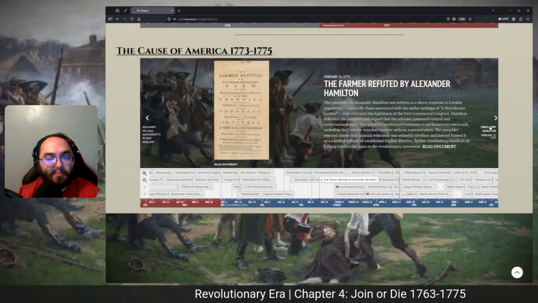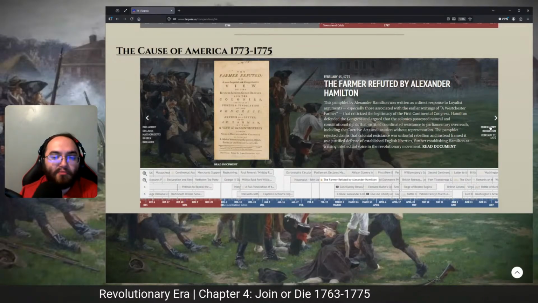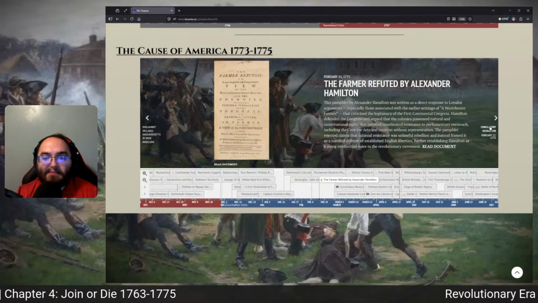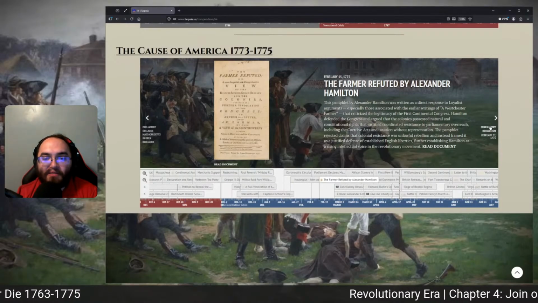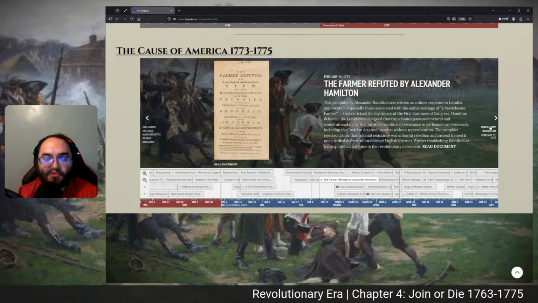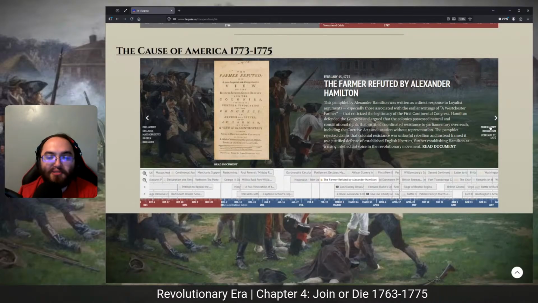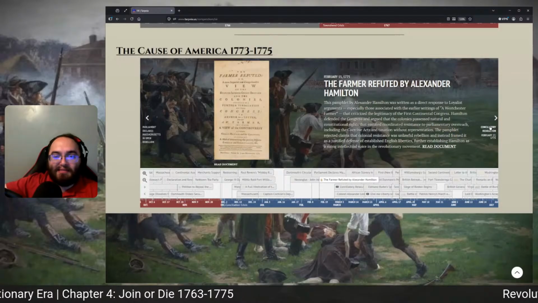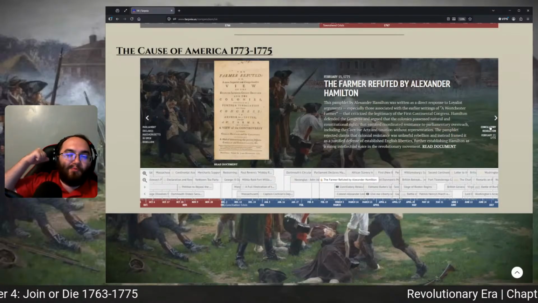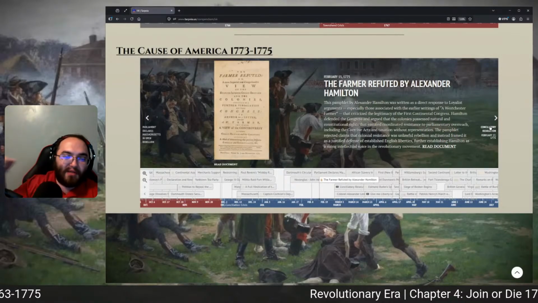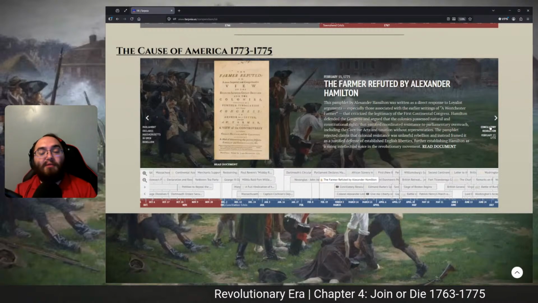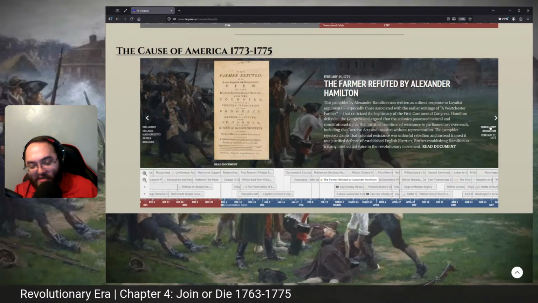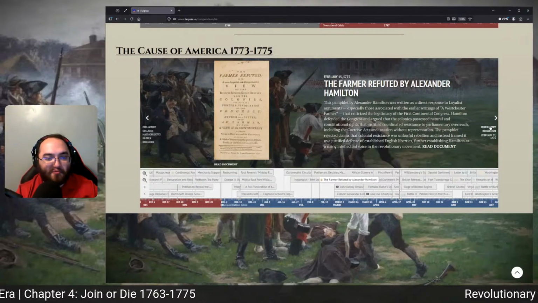The Farmer Refuted by Alexander Hamilton is yet another political essay written by Hamilton, and this is in response to loyalist essays. Hamilton, a decade later, will write the Federalist Papers, and the Federalist Papers are not an independent publication of ideas.